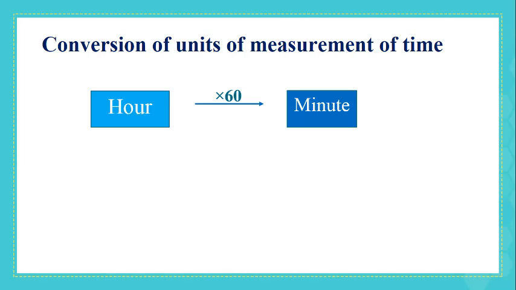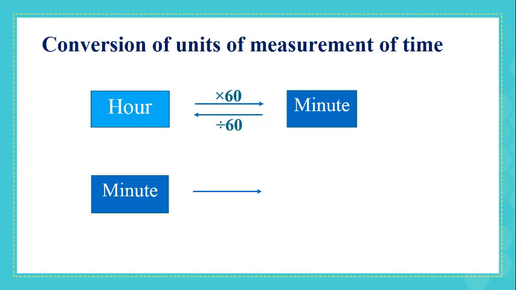Minute is equal to 60 seconds. So, to convert from minute to second, we multiply by 60. To convert from second to minute, we divide by 60.